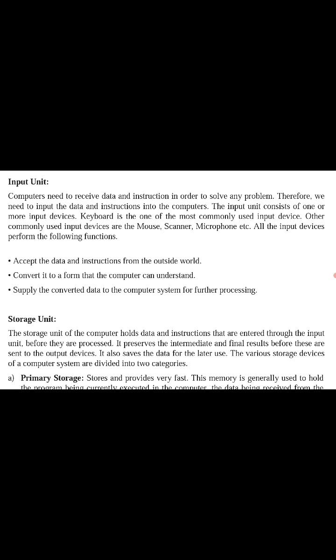Then we send the data or information to the CPU or processing unit, and the CPU or processor will execute and process the data or information and generate some outputs and results. Again, by using output devices or output units, the data or information is sent back to output devices like monitors, printers, like that. So this is the basic working, or the basic role, of input units and input devices.